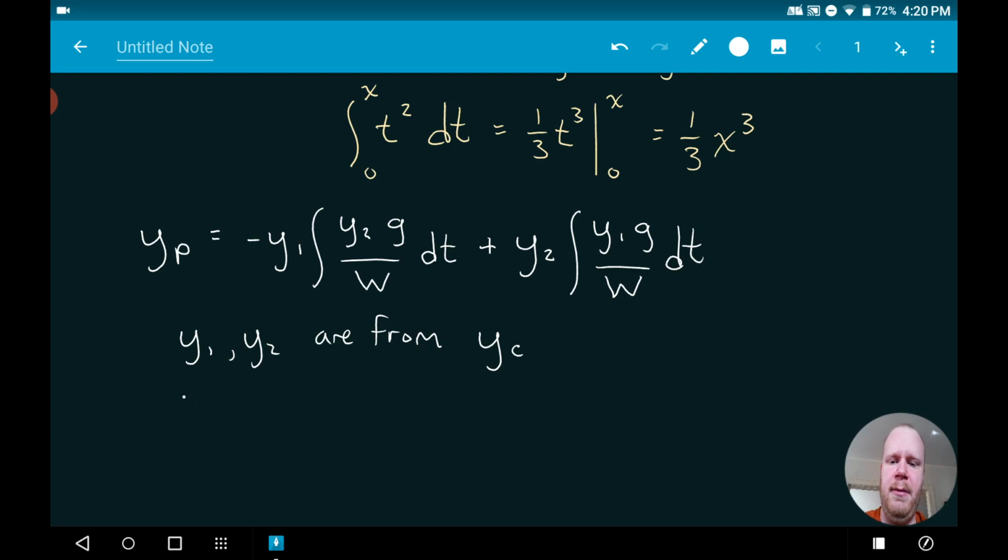And the Wronskian is going to be equal to the determinant of y1, y2, y1 prime, y2 prime.